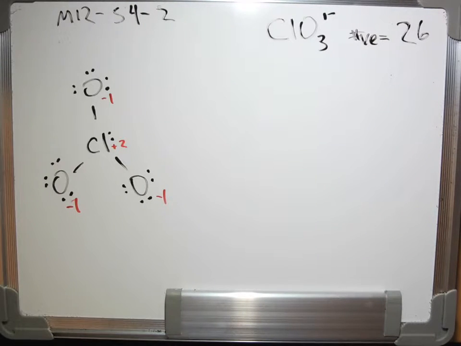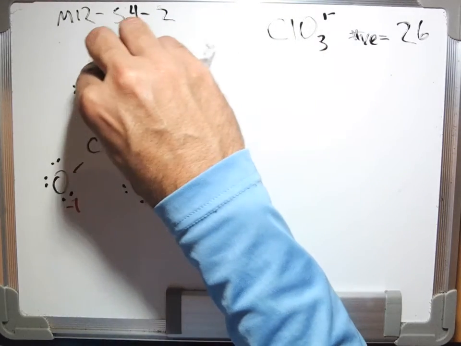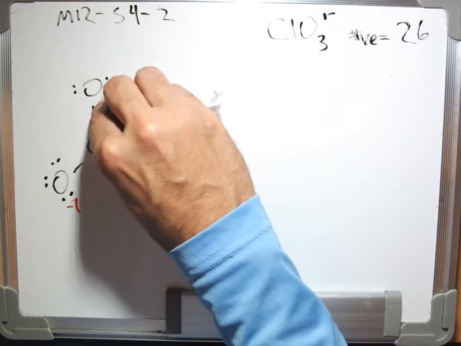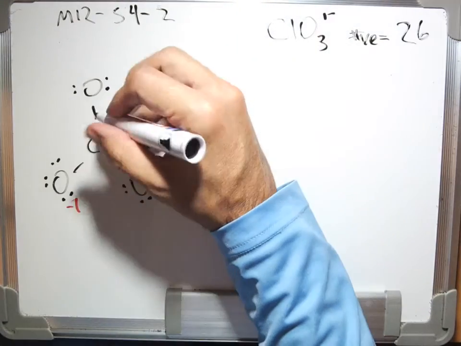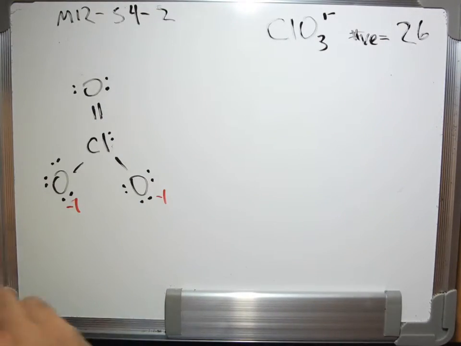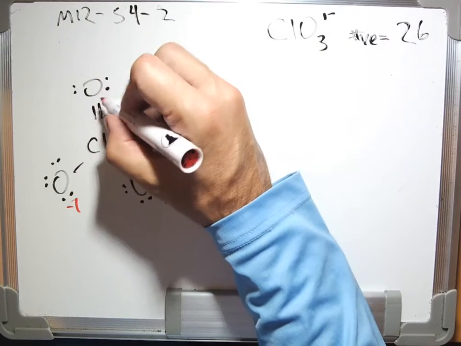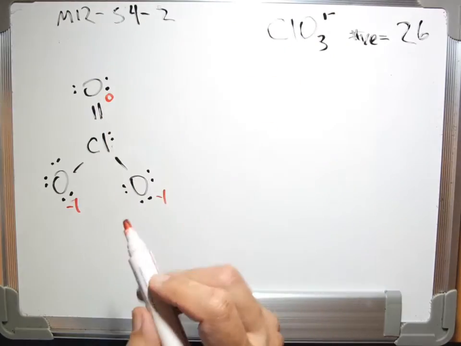Is there something we can do to reduce those formal charges? And I recognize, well, yes, if I were to take and shift one of those lone pairs of electrons down here, I've now reduced the formal charge on that oxygen, or actually increased it from -1 to 0.